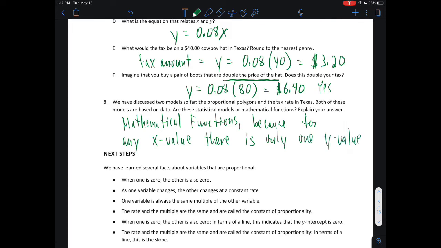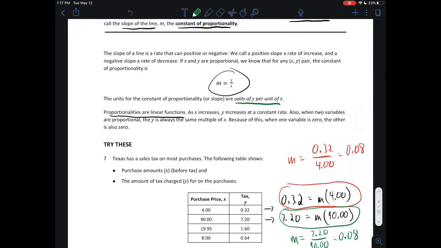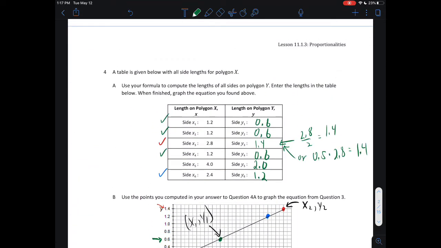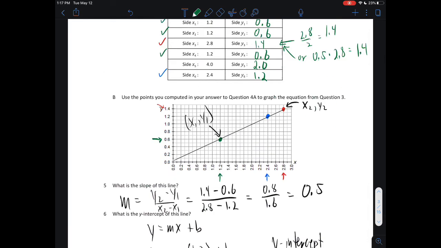For any purchase amount, there is only one amount of tax that you'll be charged. Same thing goes with the polygons. If two sides on x were the same length, you only got one output that was the same for them also. We saw that in the table. If you go back to the table for the x's and y's, notice that when the side was 1.2 for x, you had 3 of those, you always had 0.6 as the output.